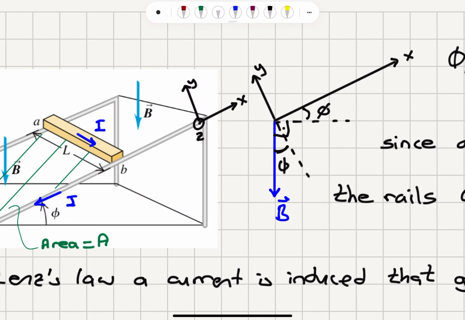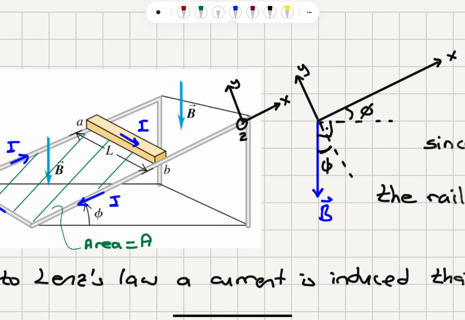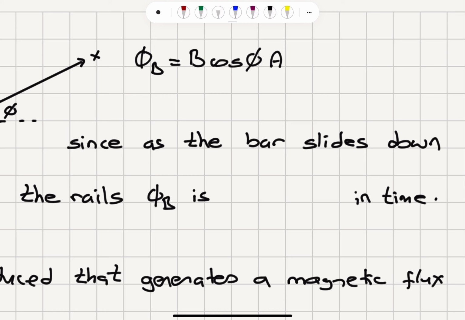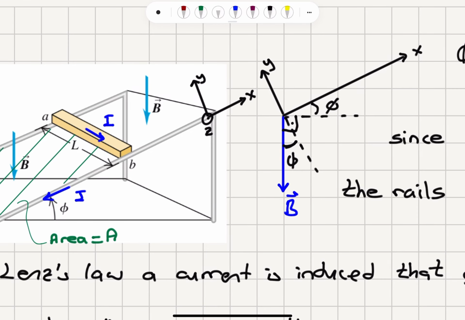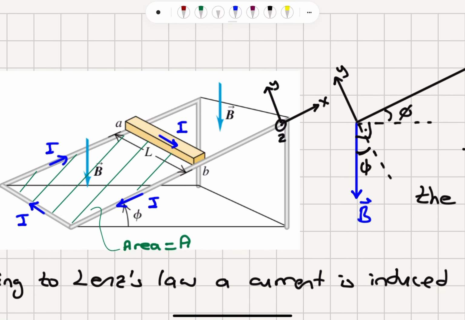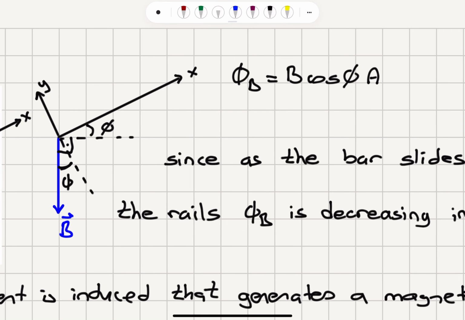The loop has area A. As the bar slides down the rails, that flux phi_B is decreasing in time. The flux density is in the minus j hat direction, and the flux is decreasing as the area of the loop decreases, because we have a time-dependent area here.